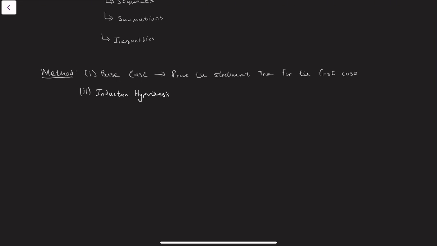I'm just going to note it as I.H. And in this case, we assume the statement is true for some arbitrary number n equal to k.